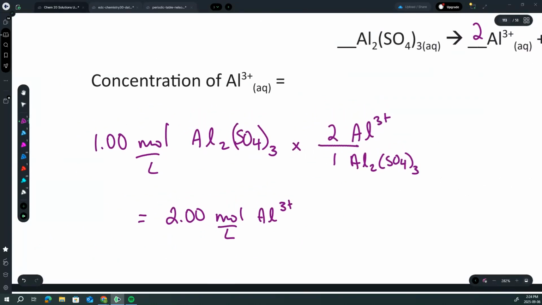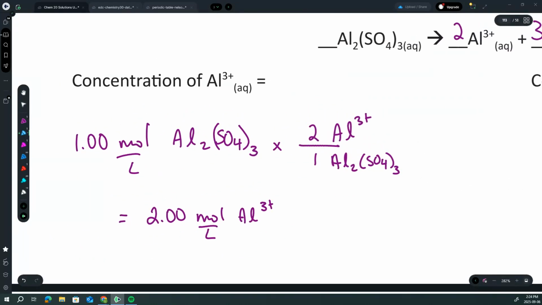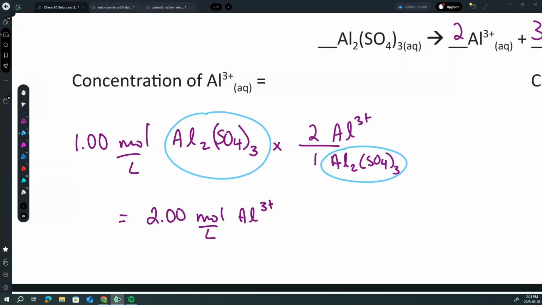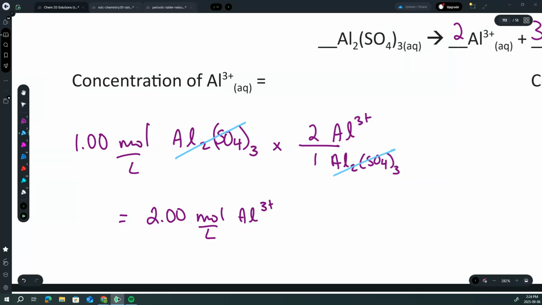The reason why the mole ratio works the way it does is if you treat the identity of the substances like units, notice how we have the exact same thing on the top and the bottom, which I've circled here. So those cancel out, and we are left with aluminum 3+. That's why we can use the mole ratio to convert from the concentration of one substance to another.